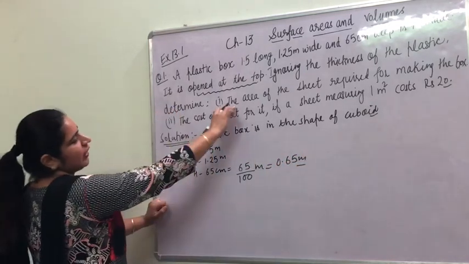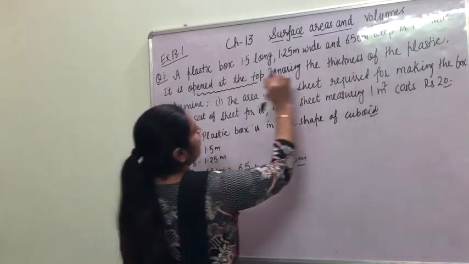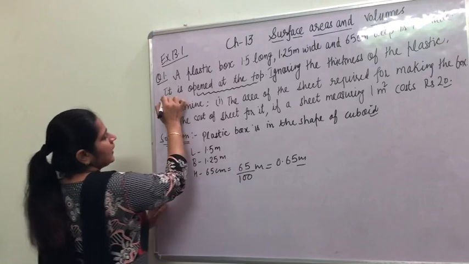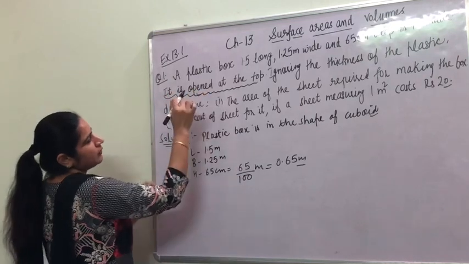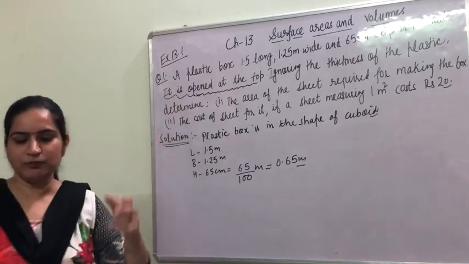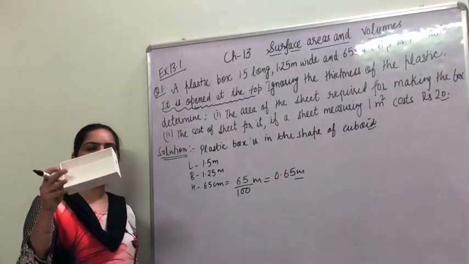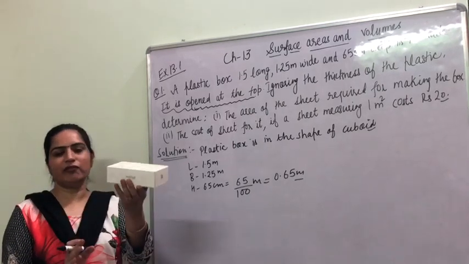Now here we have to find the area of the sheet required for making the box. Read the line carefully. It is given it is open at the top. This plastic box is open at top. One figure I am showing to you. This is open at the top. So there are total 5 faces.